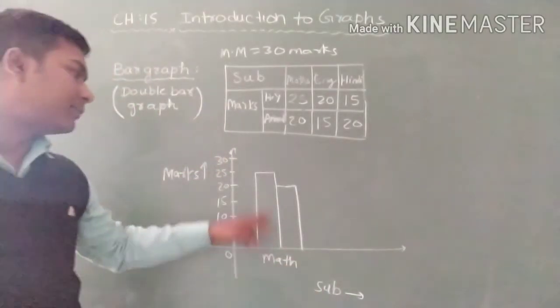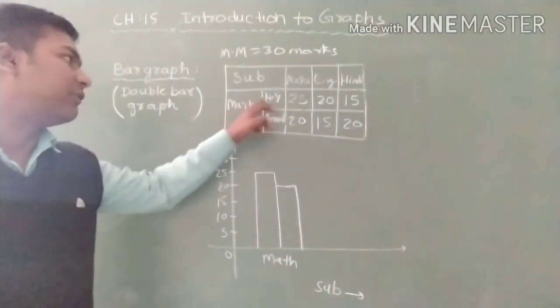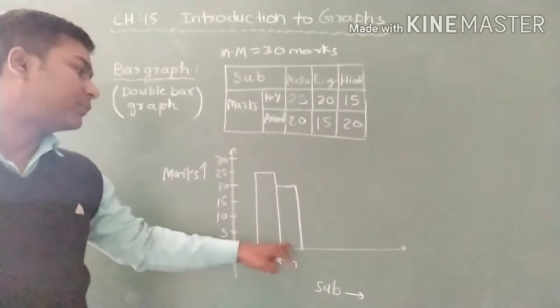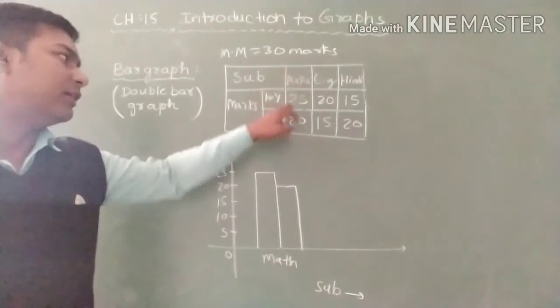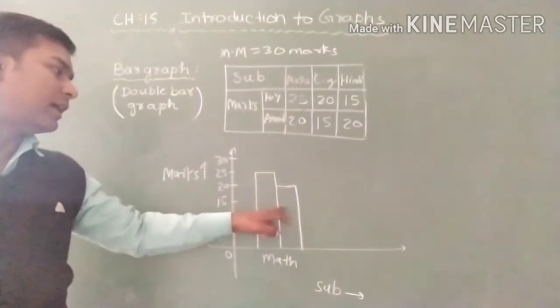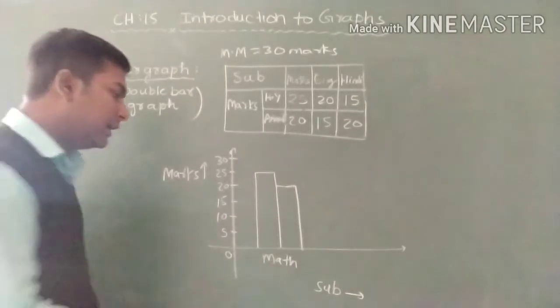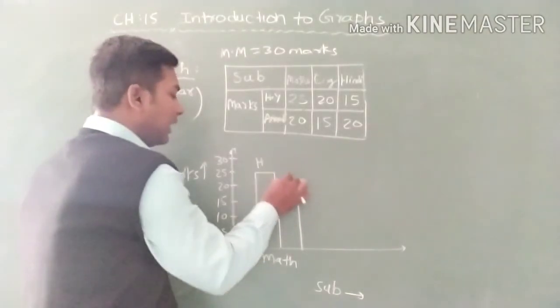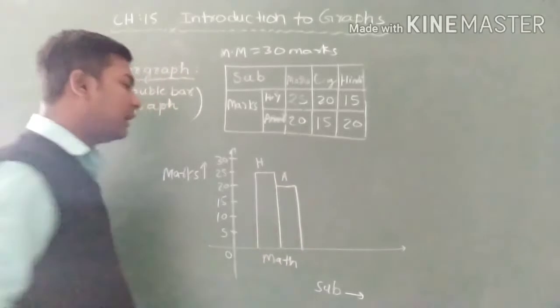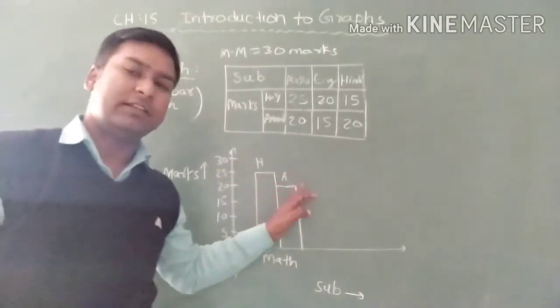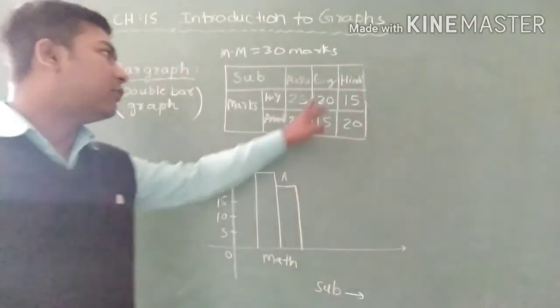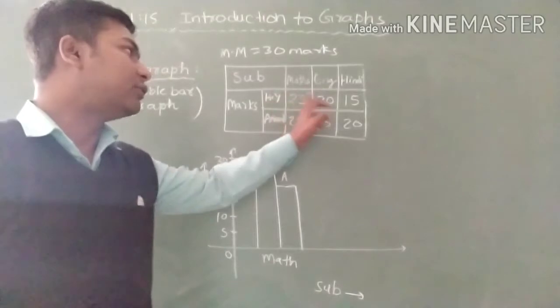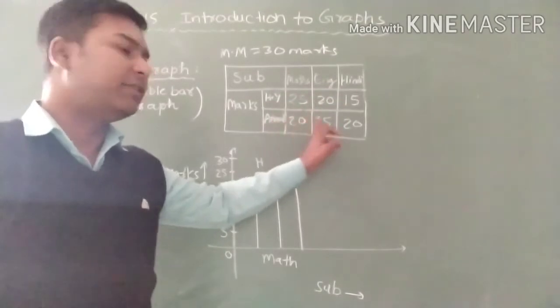One bar goes up to 25, this is half yearly. Another bar goes up to 20 marks, this is annual. So these two bars together make up the maths subject. Here you can write H for half yearly and A for annual examination. Similarly, for the English subject, in half yearly 20 marks and in annual examination 15 marks.